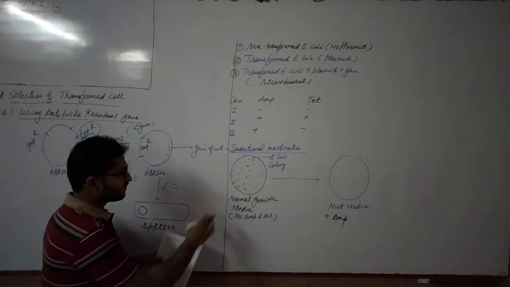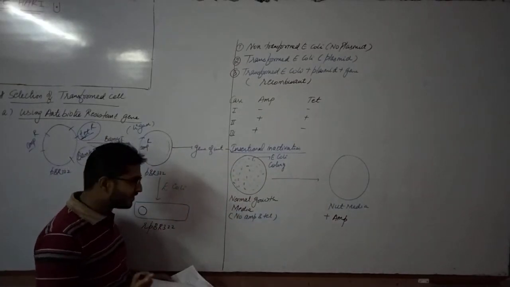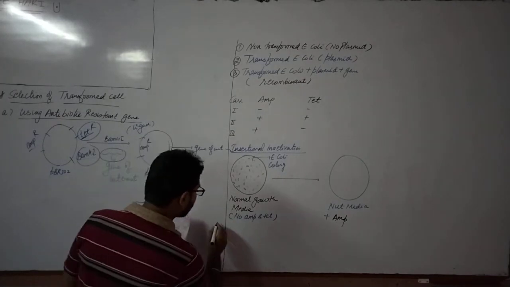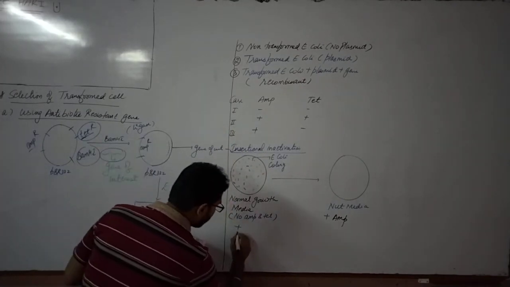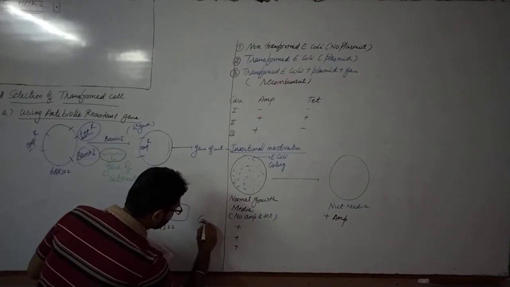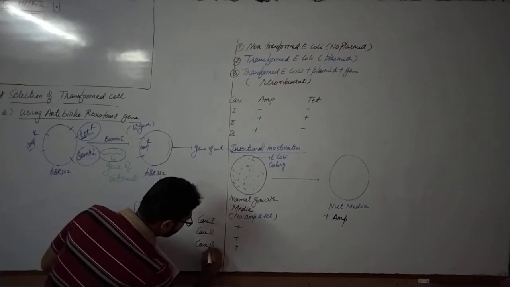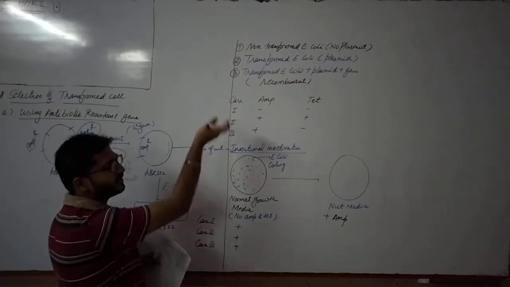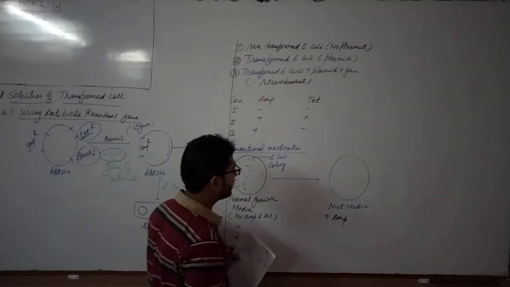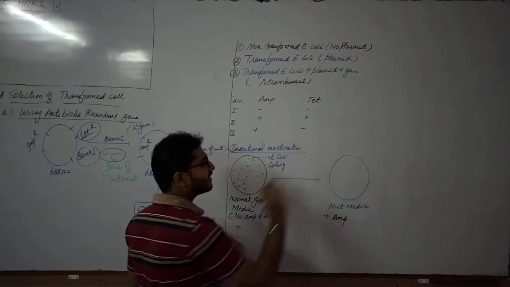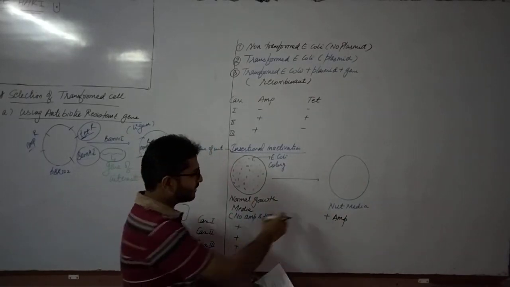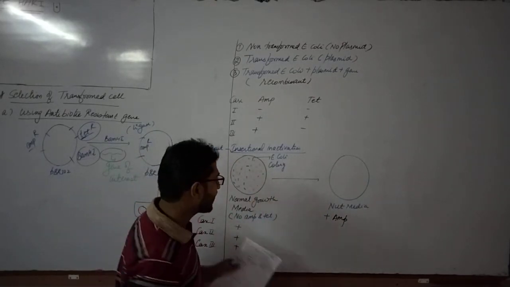In the first case, normal growth media, no ampicillin, no tetracycline, all three will grow. So let us make a positive sign for case 1, case 2, case 3. Each and every colony will grow. Now these colonies are transferred through a nitrocellulose membrane onto the ampicillin-containing medium.